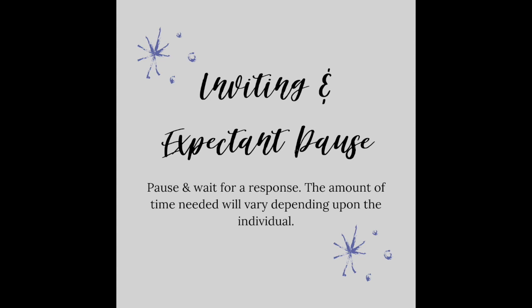The second step within the prompting hierarchy focuses on increasing the wait time that you provide for the student while still encouraging them to communicate or respond to your communication attempts through providing an expectant pause. This pause might look like showing the student their favorite snack or a toy in a closed container or in a place that is out of reach.